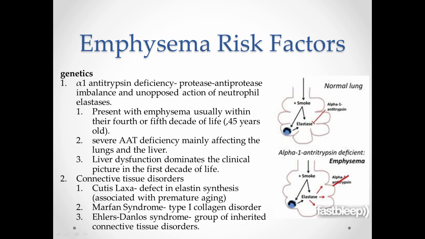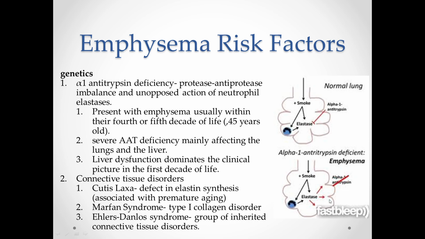Then there are also several connective tissue disorders, cutis laxa, Marfan syndrome, and Ehlers-Danlos syndrome, that are also associated with the onset of emphysema. And again, these have a very early age of onset.